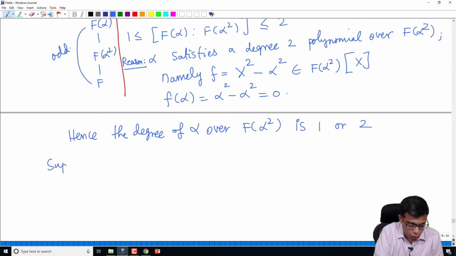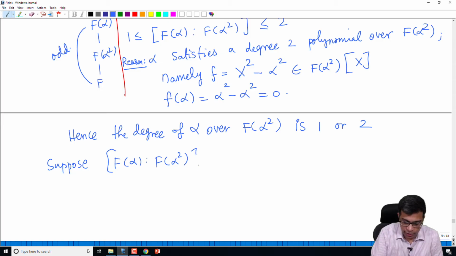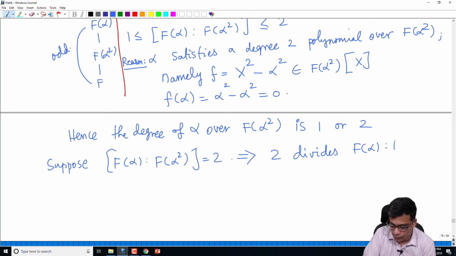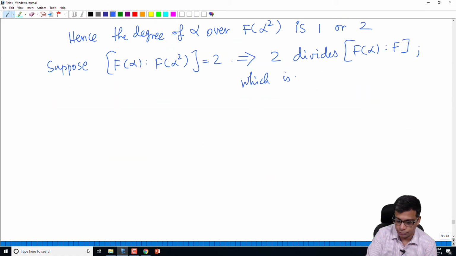But suppose it's 2. That means [F(alpha):F(alpha squared)] is 2. But this is not possible, right? Because then 2 divides the degree of F(alpha) over F, which is not possible since [F(alpha):F] is odd.